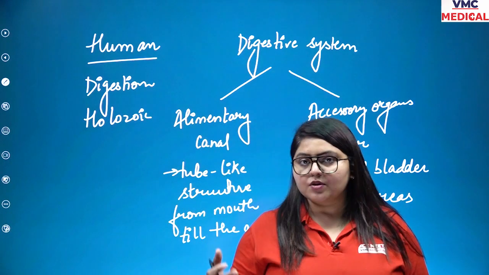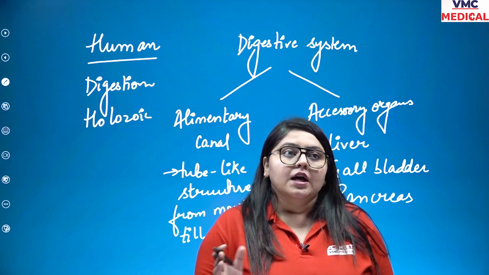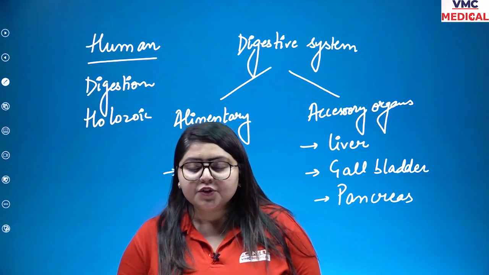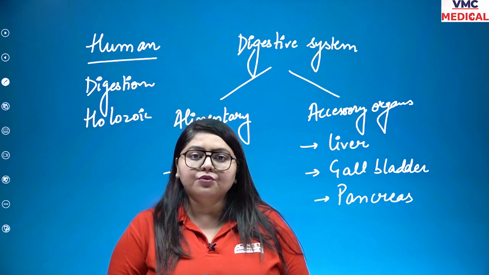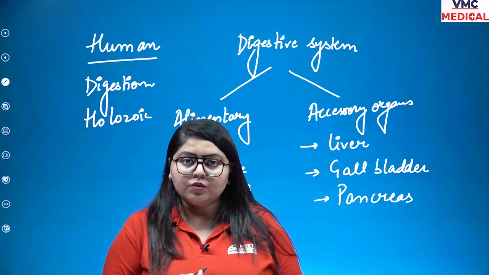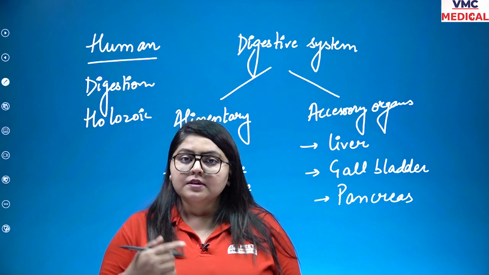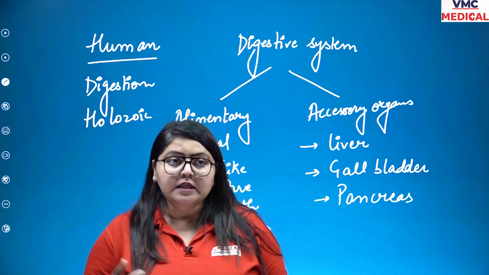Just understand the process very clearly, then I will be showing you a GIF. See, what is happening over here? You have a whole system, right? You are taking in food with the help of your mouth. In the mouth you have teeth, salivary glands and your tongue.